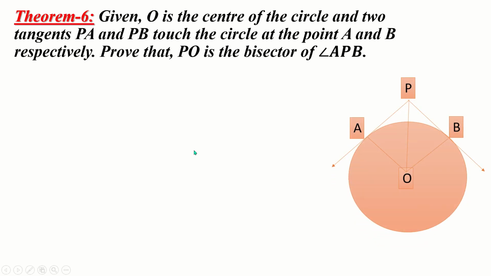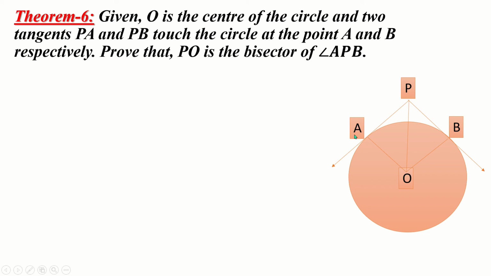Now follow another problem, that means theorem number 6. Given O is the center of the circle and two tangents PA and PB touch the circle at the points A and B respectively, prove that PO is the bisector of angle APB.